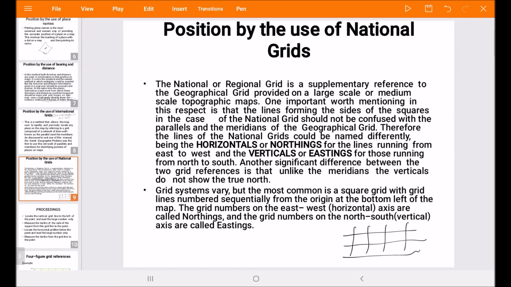There are procedures while we identify the position of a place on the map by using national grid reference. ተጠቅመን 4 digits እና 6 digits ስንፈልግ ህጎችን እንከተላለን. There are proceedings. First step, locate the vertical grid line to the left of the point. ለምሳሌ እዚህ ጋር ካስቀመጥኩት, here for example 2 6, ብንል 2 7 ብንል.